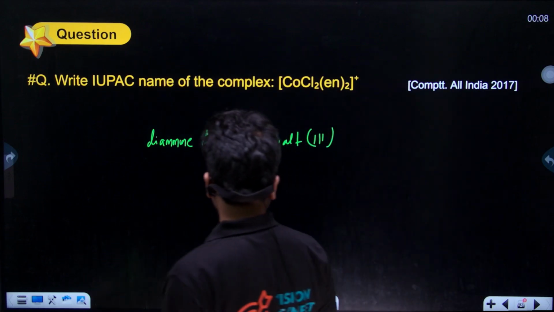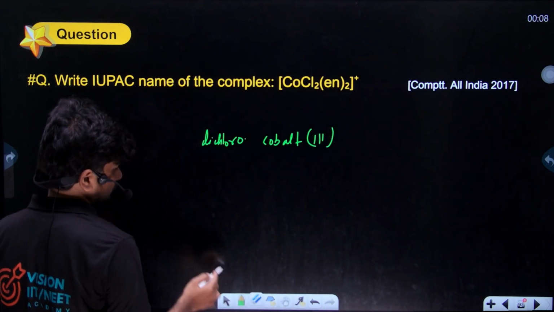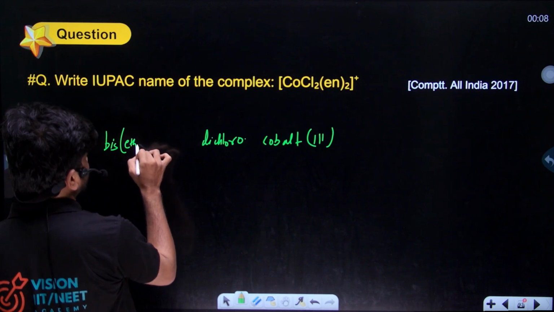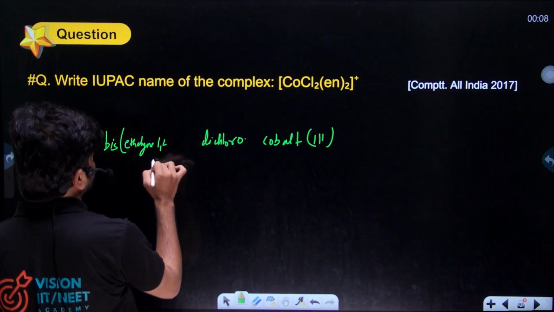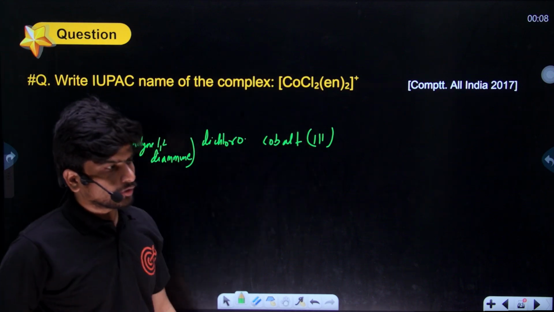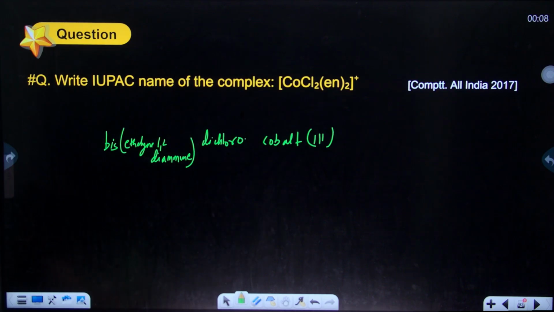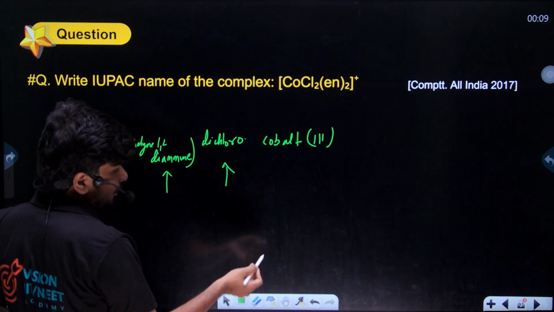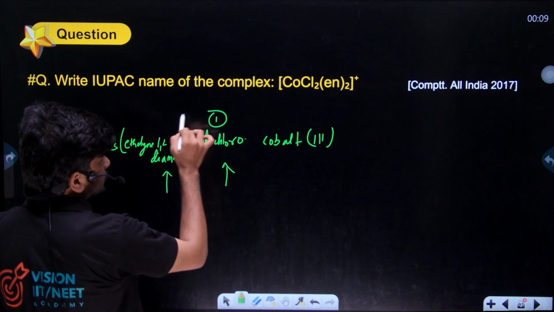Oh, this is not ammine, sorry. You will be writing it as bis ethylene 1,2 diamine, dichloro, cobalt 3. So you got to understand what are the ligands present in alphabetical order. If you write it, this will come first, this will come second.